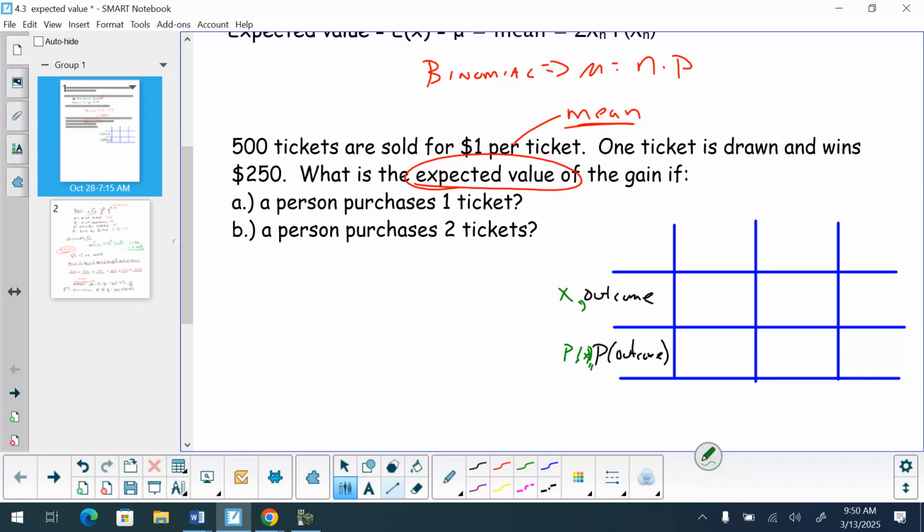This is a binomial because what can we do here? We can either win or lose. There are no maybes here. You're either gonna win or you're gonna lose.